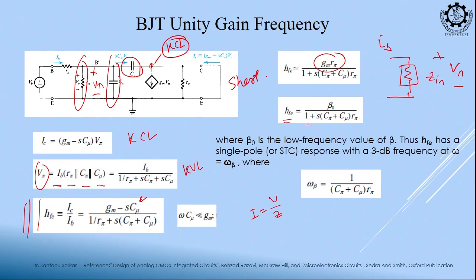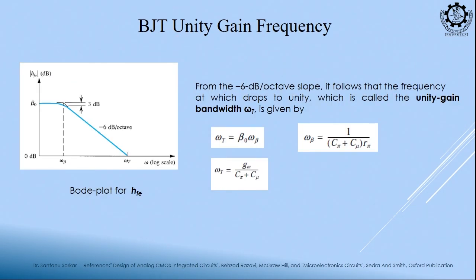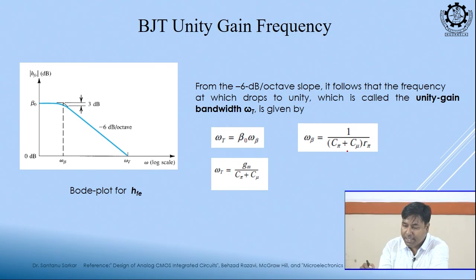That will become omega t equal to beta 0 into omega b. What is omega b? 1 by (C pi plus C mu) into R pi. So, this is the frequency where my current gain will be unity.